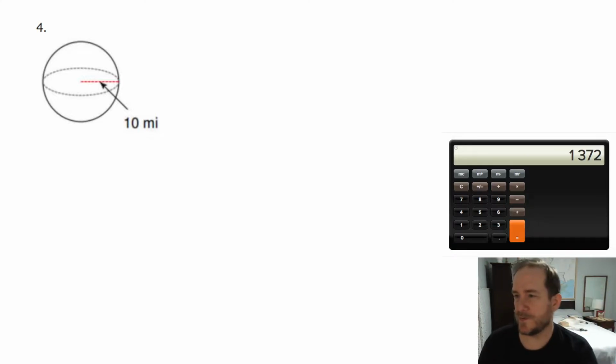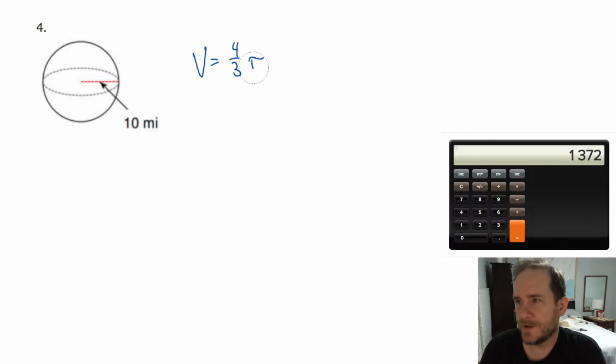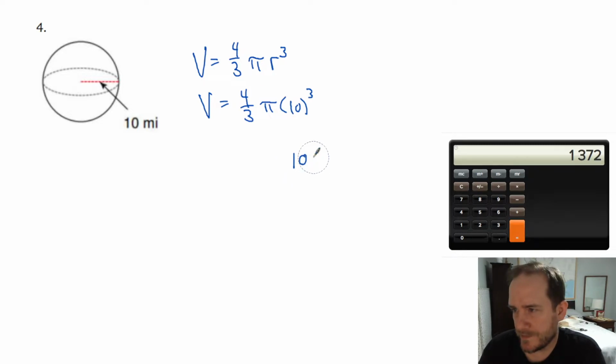Number 4 is just another question, basically the exact same as the rest. So just write the formula and then just plug in. And that'll be 10. 10 cubed will be a 1 with 3 zeros, so 1,000 times the 4/3 and times the pi.